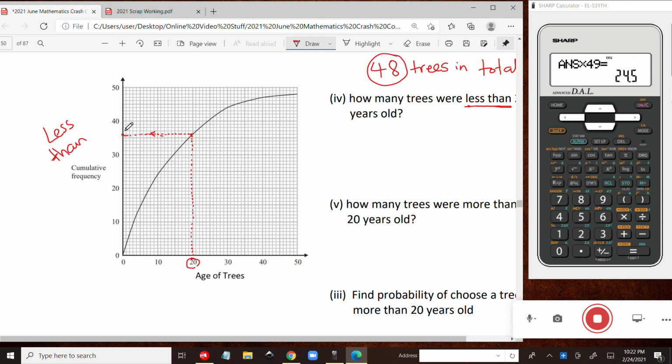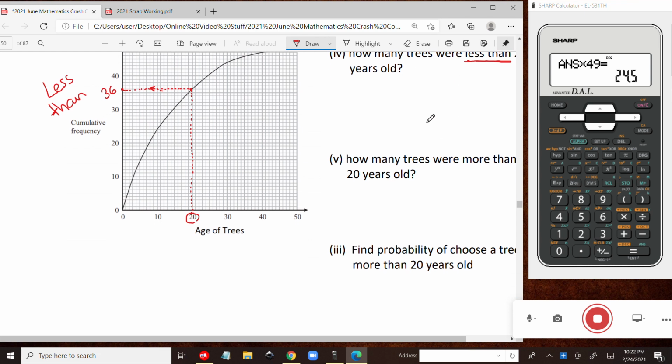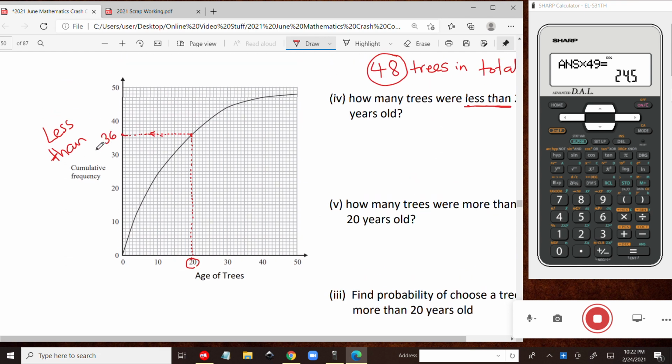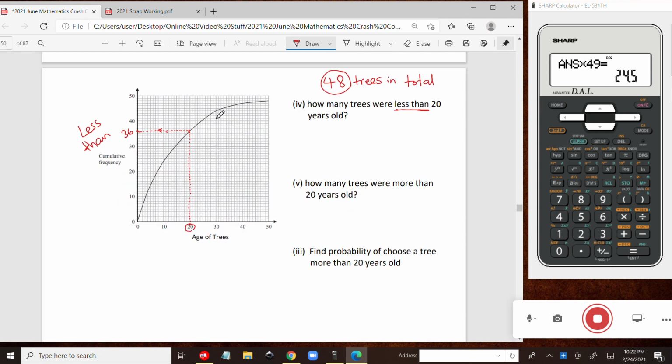So it hits the y-axis at 36. Lucky for us, whenever we read off a value on the y-axis for a cumulative frequency curve, it is automatically less than. So guess what? The answer is 36. 36 trees were actually less than 20 years old.